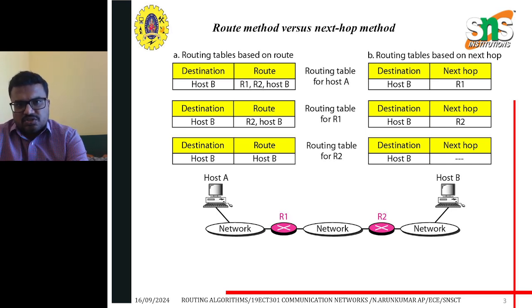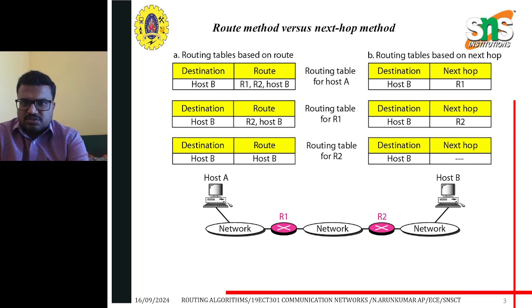Initially, the destination and route node are the same, but in the next hop method it sends the data only to the next neighboring node. In the routing table method, we send the data to all the networks which are connected to the host. But in the next hop method, we send the data only through the next neighboring node.